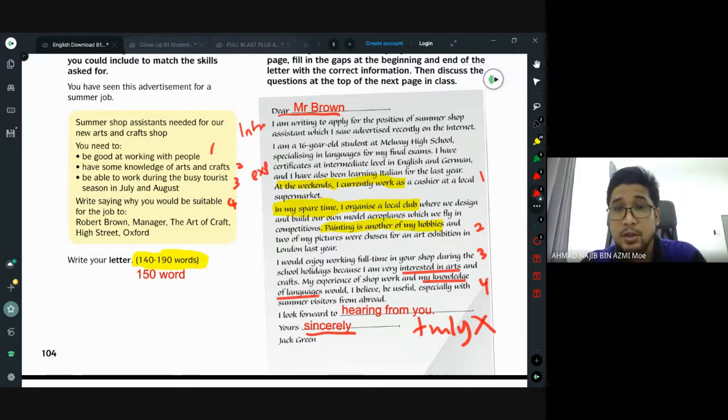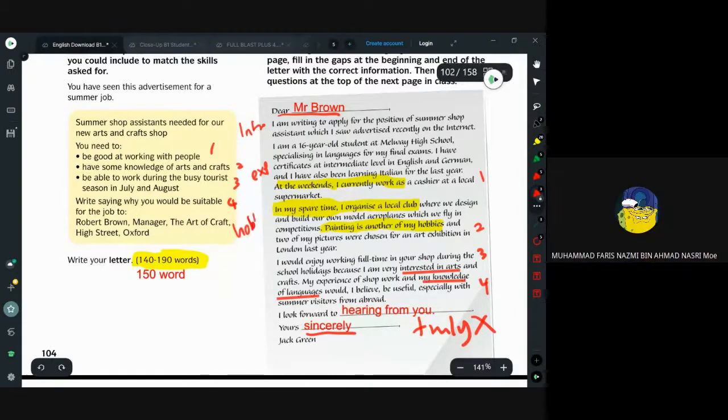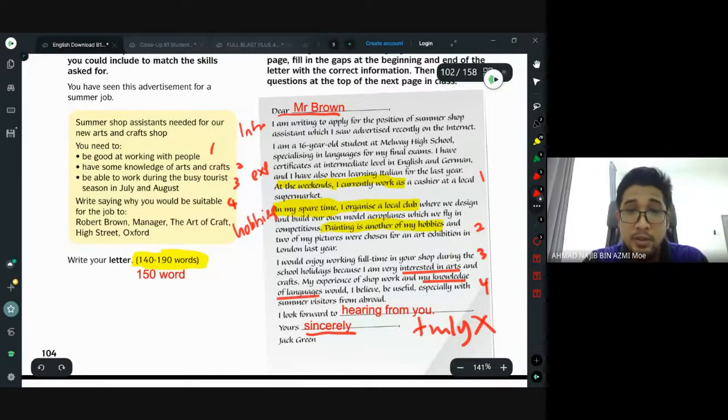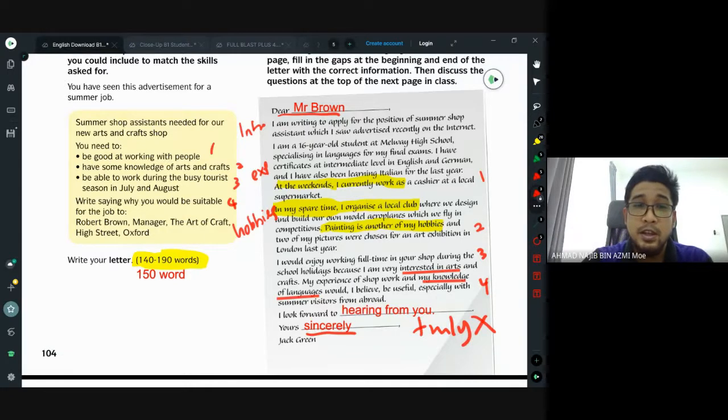Tak termasuklah belajar sekolah mana umur tu, that's some side information. Paragraph number 3 is all about what? Spare time. Painting, also another of my hobbies. These are all hobbies, yes. So work experience, and then hobbies, and then these are your reasons why you are applying for the job.